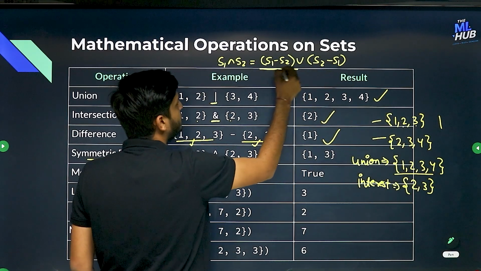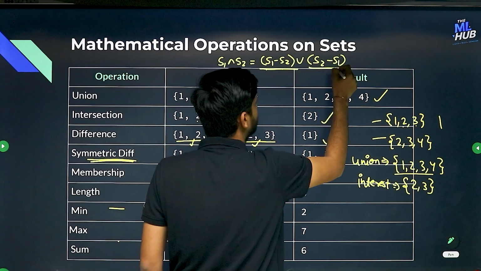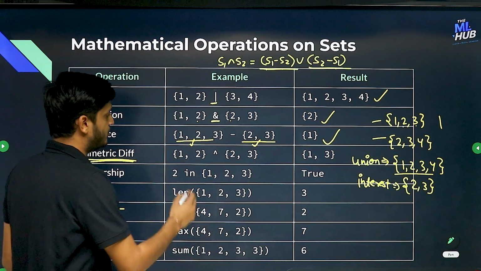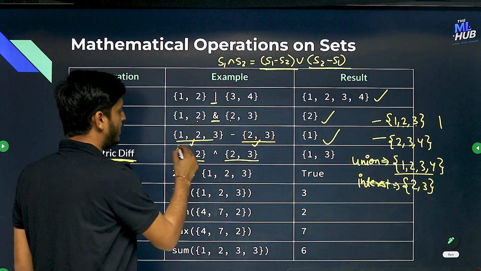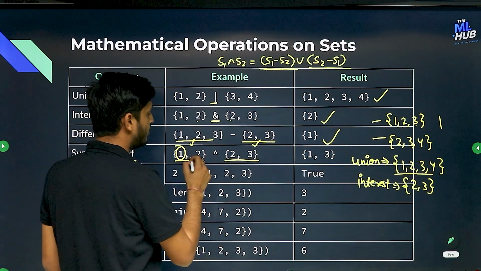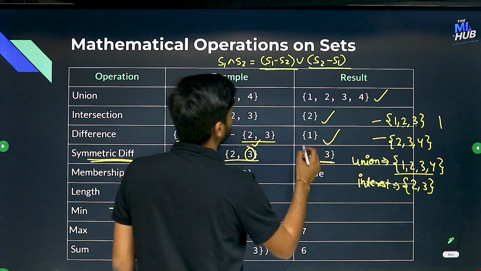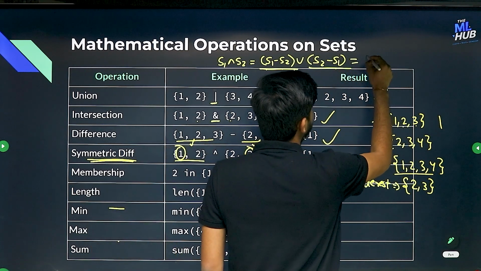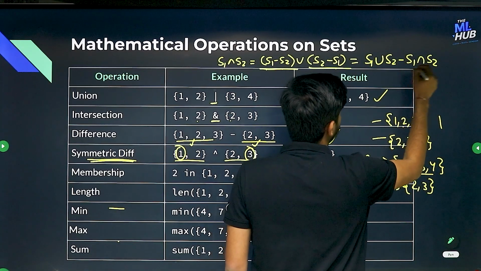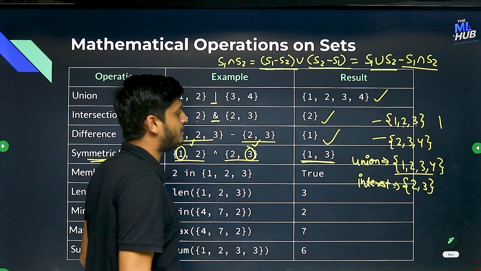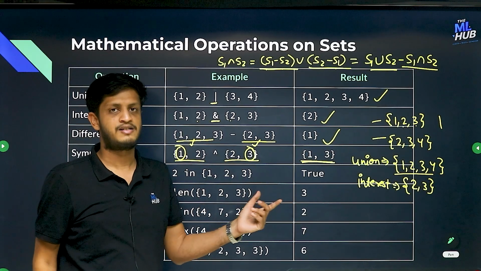Which means all the elements in the first set which are not there in the second set, and all the elements in the second set which are not there in the first set, both of them. So from the first set, only the element 1, and from the second set, the element 3. So you will get the elements 1 and 3. And this is nothing but the union of both the sets minus the intersection of both the sets. You just remove the elements which are there in both the sets.